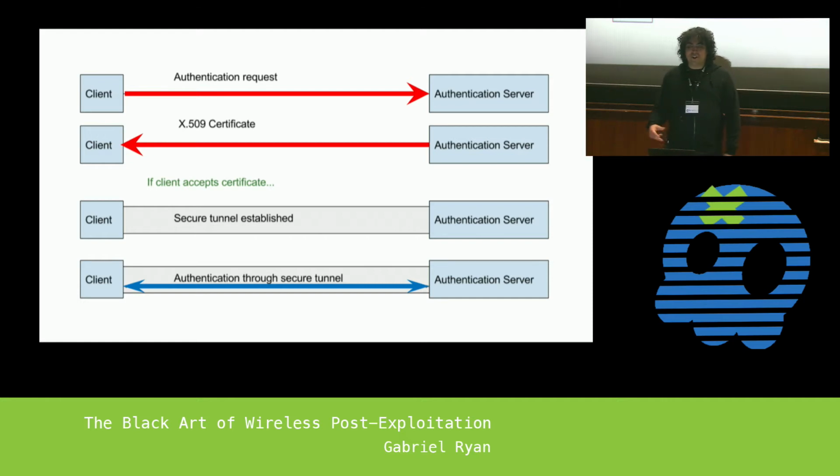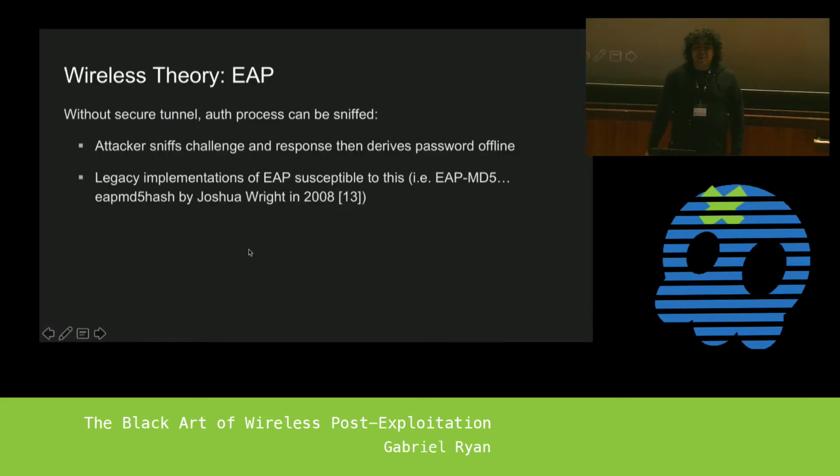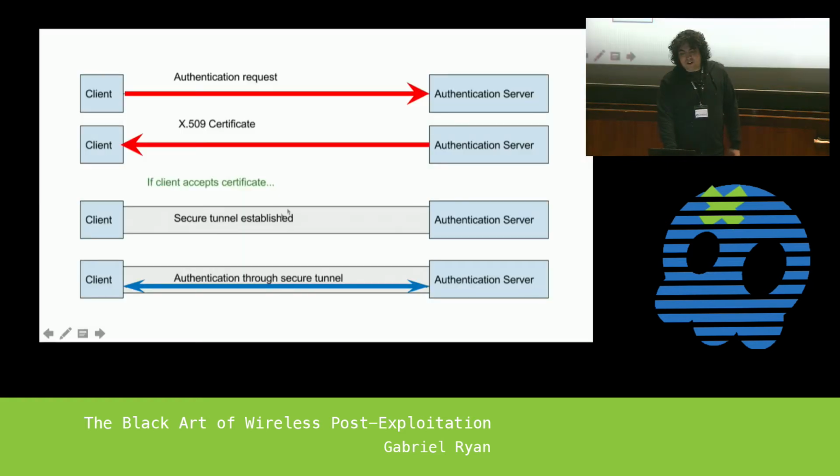With legacy implementations of EAP, like EAP-MD5, you could actually sniff this process passively and get access to the network pretty easily that way. So the secure tunnel prevents that from happening.